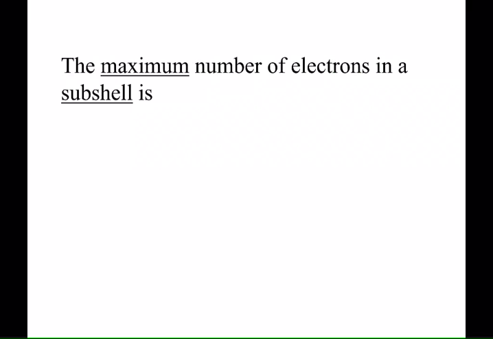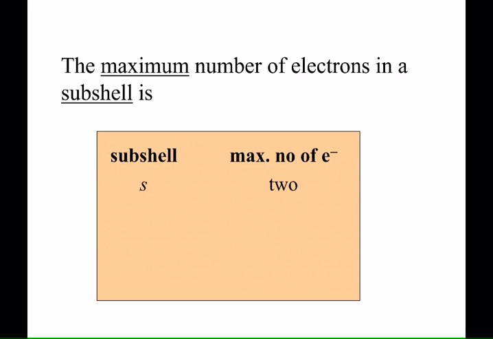So just to wrap things up, and we're going to carry this part into the next part about how we designate how electrons are hanging out. But anytime you have electrons in an S-type subshell, an S-type subshell can only hold 2 electrons. A P-type can hold 6, a D-type can hold 10, and an F-type can hold 14.